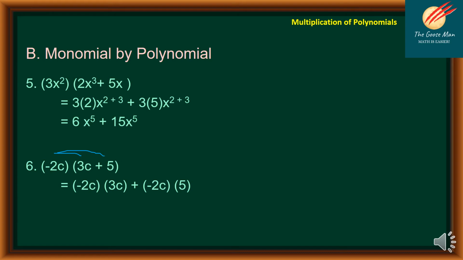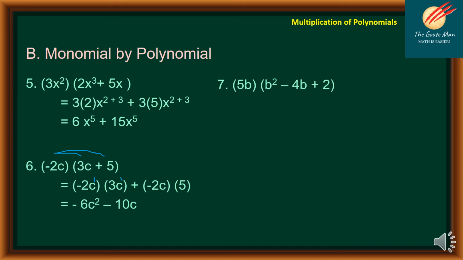Simplifying it further, the exponent of c is 1, and 1 here also. So therefore, negative 2 times 3 will give us negative 6c squared, because I'll copy the same base and add exponents. And then, negative times positive will give us negative. 2 times 5 is 10 and we have c.